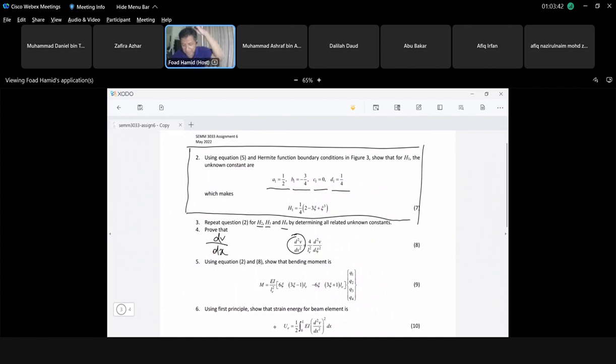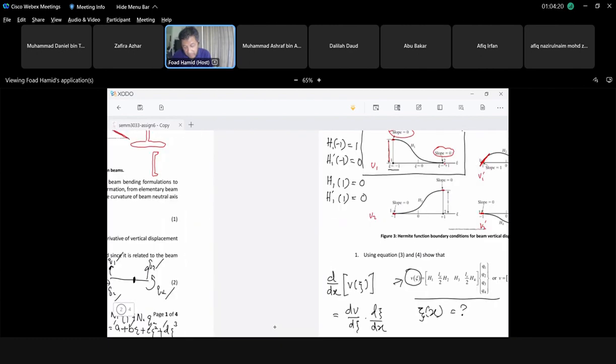So now the question is, how do we solve this? Because once you can do this, you can do it for H2, H3, and H4. We look at question number 4. Why do we need d square v dx square? Because note that our moment is equal to EI over L times d square v dx square.